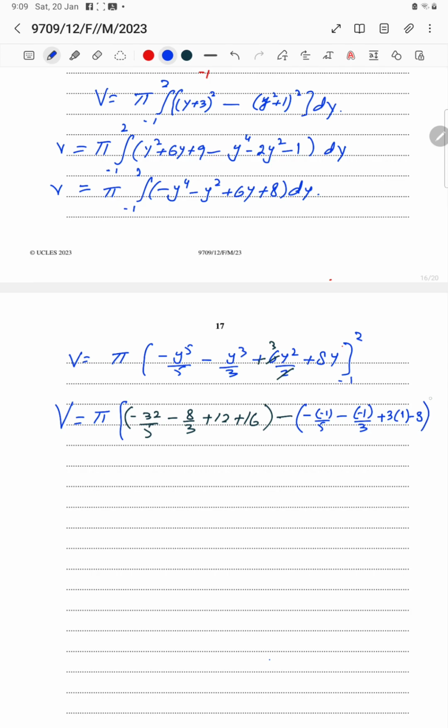You can do the simplification according to your own choice and simplify this with the help of a calculator to get the final answer. With the help of a calculator I got 23.439, that is 4 pi in decimal, units cubed. That is the final answer for me.